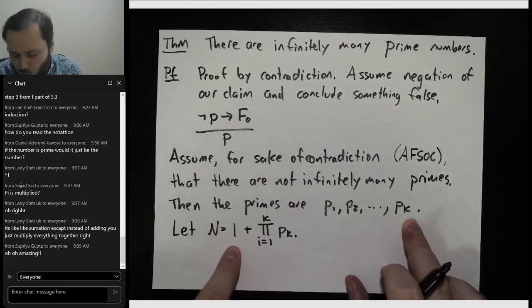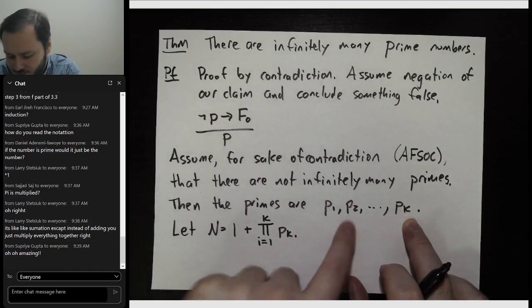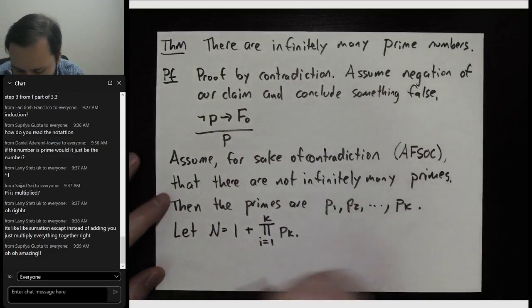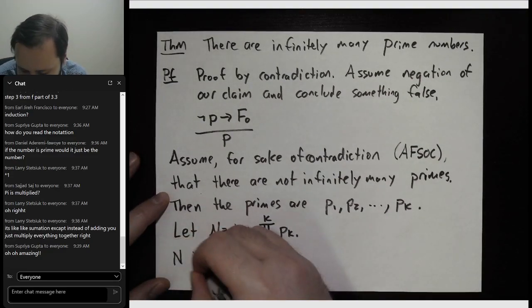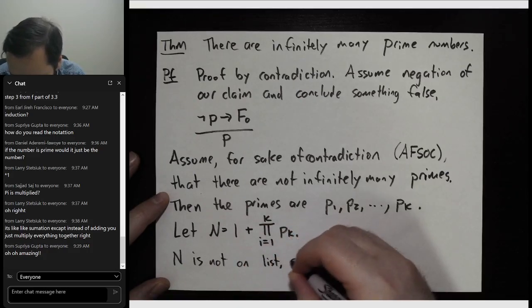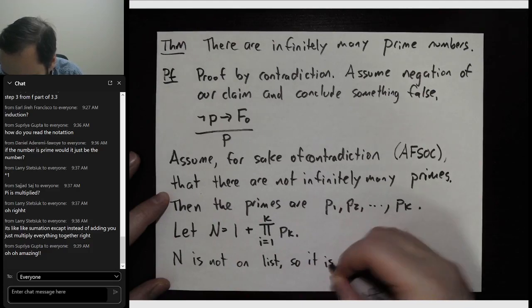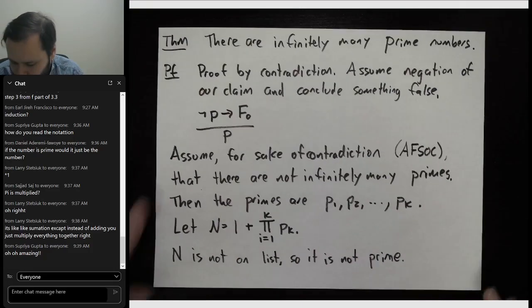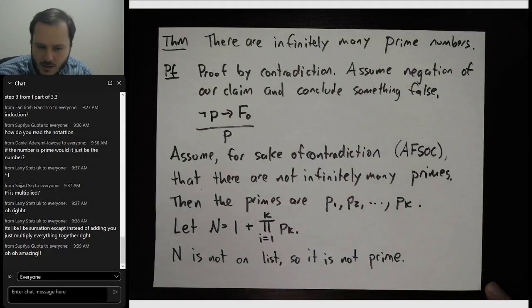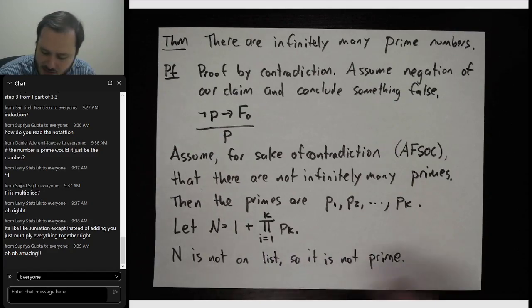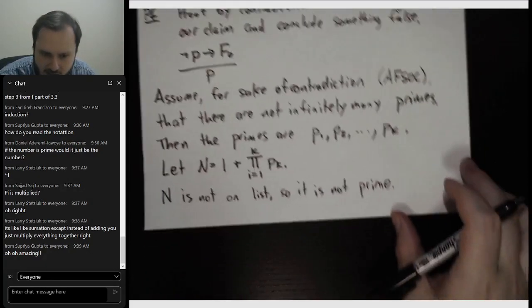It's bigger than 1 plus p1, it's bigger than 1 plus p2, all of them, or greater than or equal to, so it's not on this list. N is not on the list, so it is not prime. Since it's not prime, that means one of the primes must divide it.